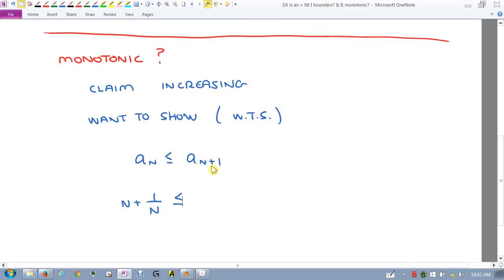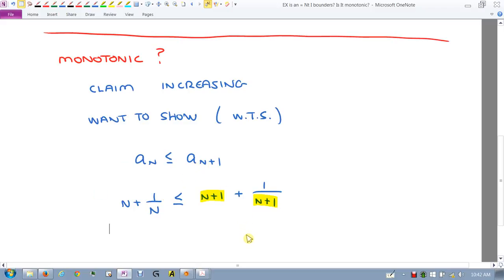So plug n plus 1 into the sequence. It'd be n plus 1 plus 1 over n plus 1. So all I'm doing is replacing the n with n plus 1 in the original sequence. This is what happens when you plug n into the sequence. This is what happens when you plug n plus 1 in.